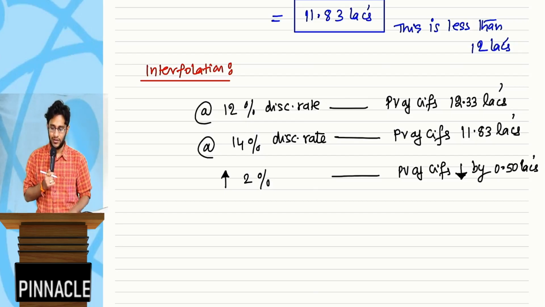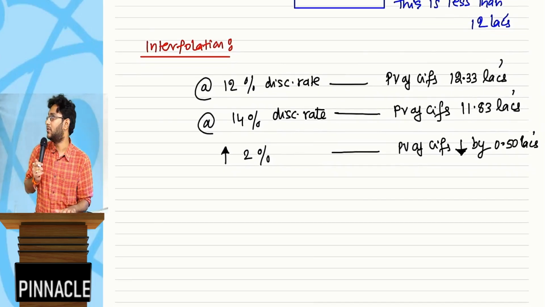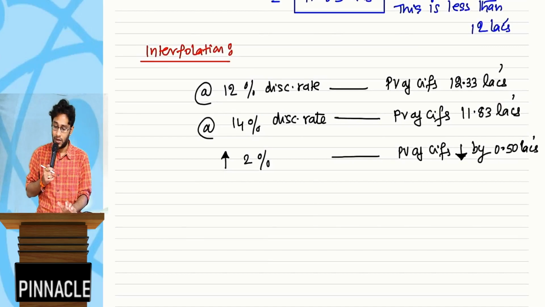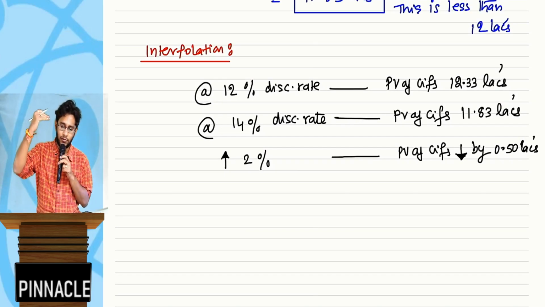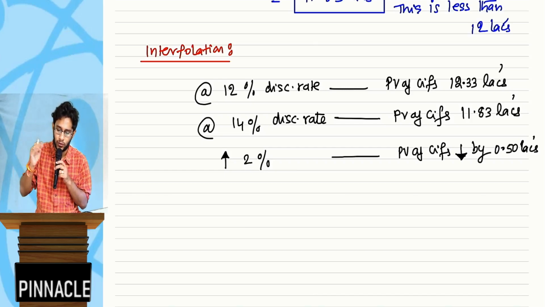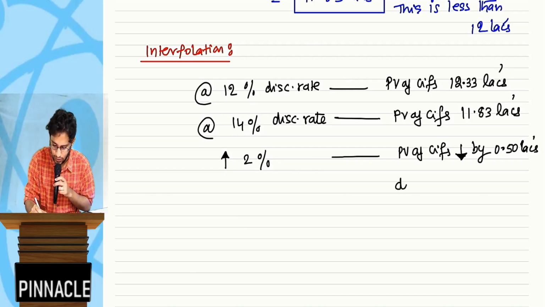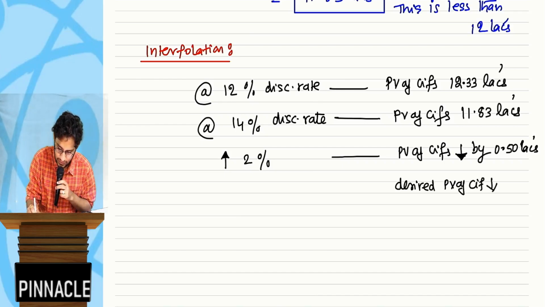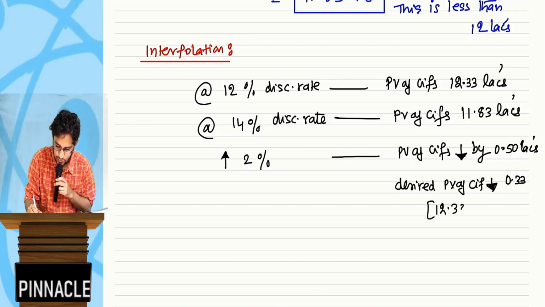Okay. Carefully see, sir. 12.33 became 11.83 for a 2% change. I want it to come from 12.33 to 12. So next line, desired decrease in PV of cash inflows is 0.33 lakhs. How did I get this? 12.33 should become 12.